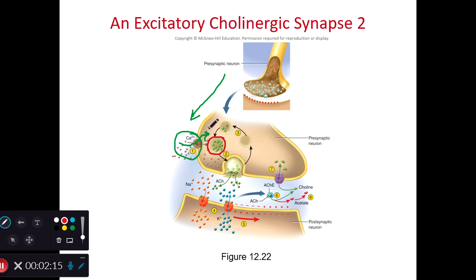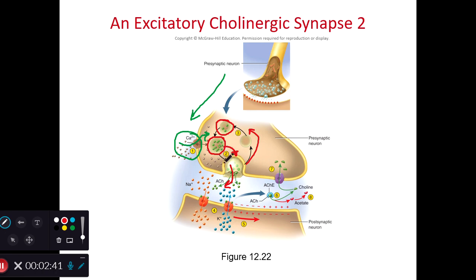When calcium binds to that synaptic vesicle, the synaptic vesicle will fuse with the plasma membrane and exocytose the acetylcholine that's being stored in its synaptic vesicle. We're then going to have the empty synaptic vesicle go back into the cell and get repopulated with acetylcholine.